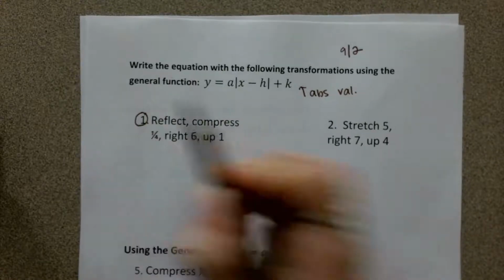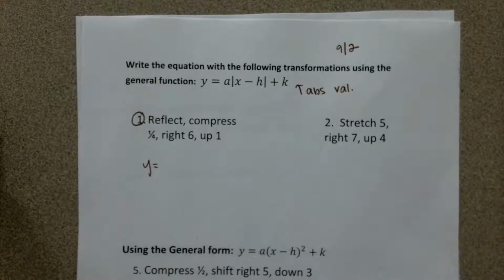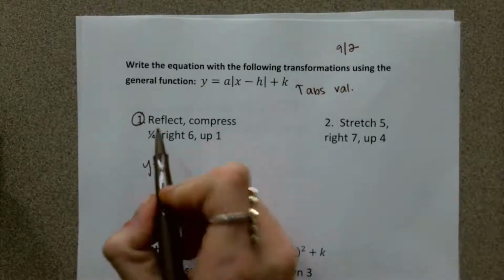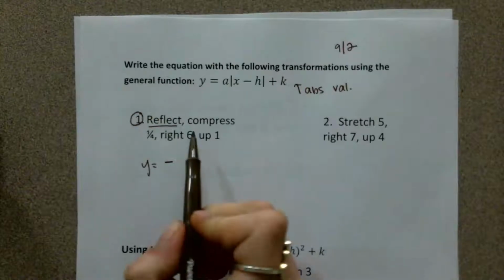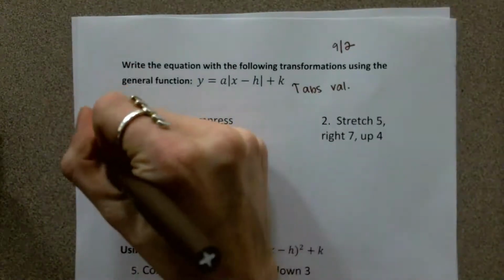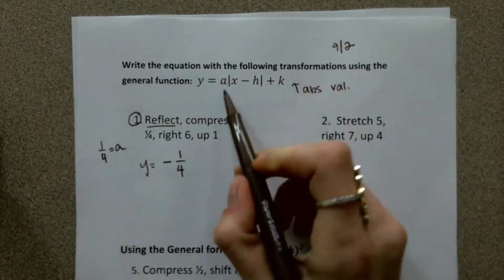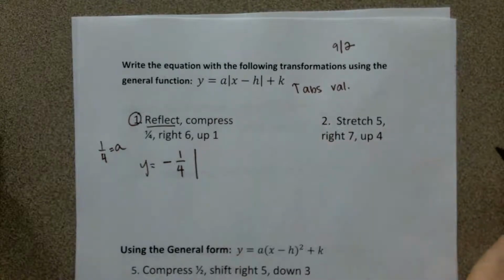So doing number 1, we always want to write y equals, okay? Otherwise it means nothing. If we reflect, we have to make our function negative. It compresses 1/4, so that 1/4 is our a. So that goes in front, and then we have our function of absolute value.